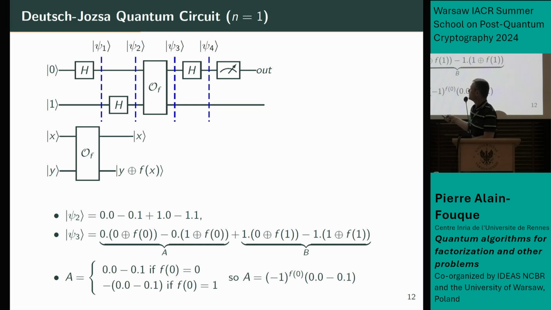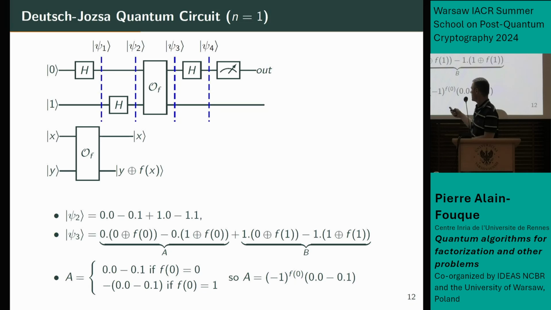For this state, now we move to 0, and here the y value is a 1, so you have 1 plus f applied to the value x, and since x is 0, you have f of 0.